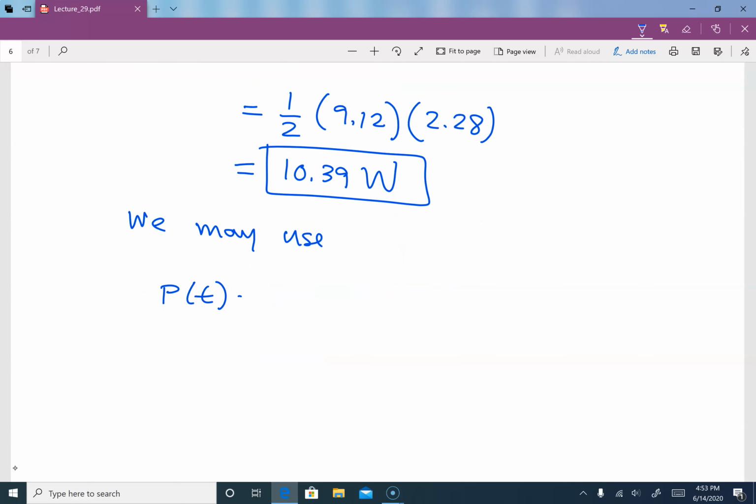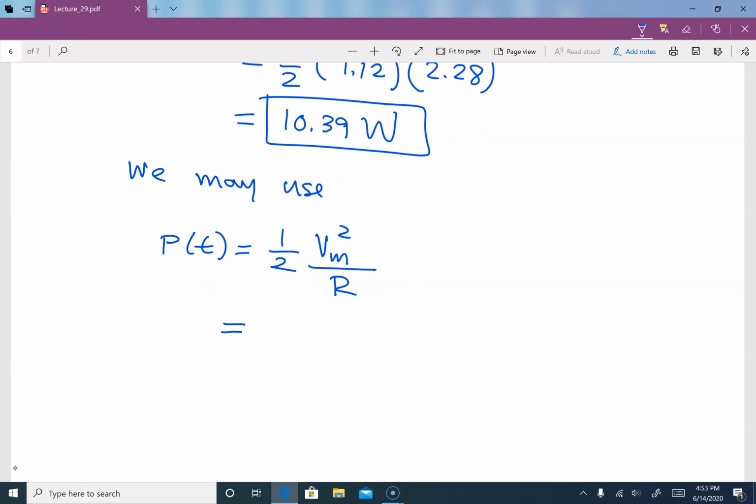We may use P of T is equal to 1/2 Vm squared divided by R, because it is only a resistance in that branch, and the whole voltage, which is V1, that is the voltage across that 4 ohm resistor.